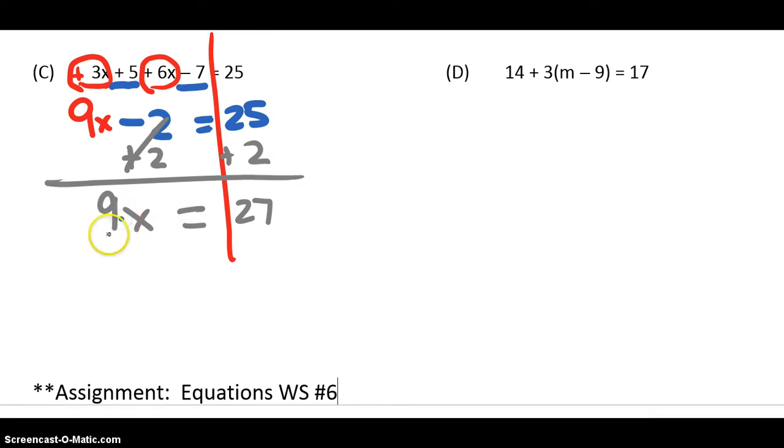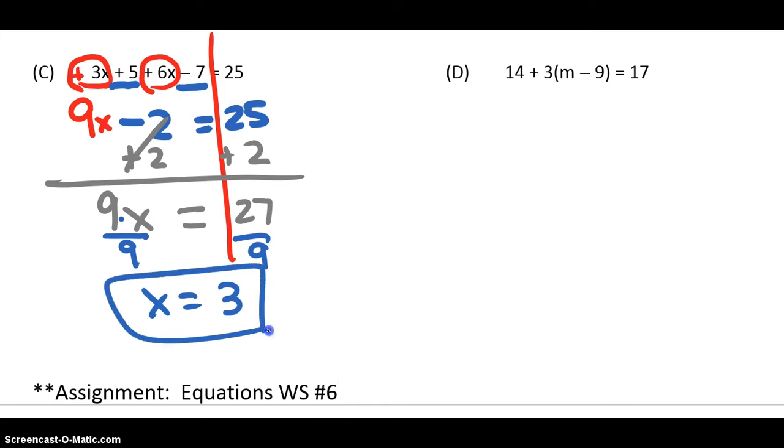At this point, it's 9 times what number is 27, and I think most of you probably know. You divide both sides by 9. X equals 3. To check my answer, I'd go back up to the top and plug in 3 and make sure both sides balance. Okay, let's move on to D.